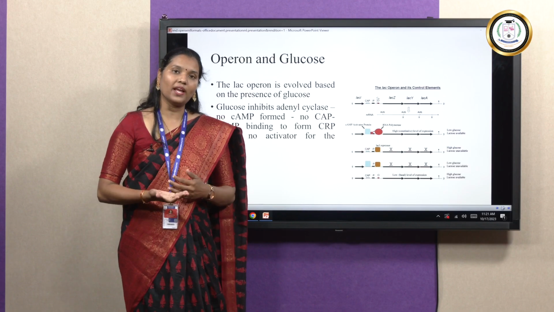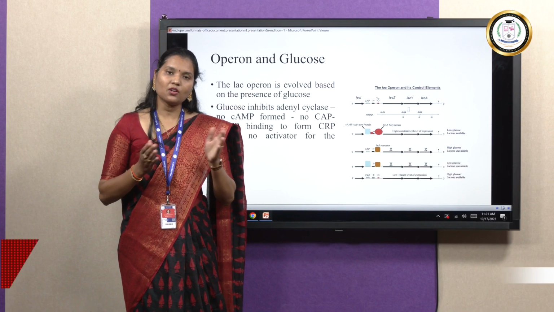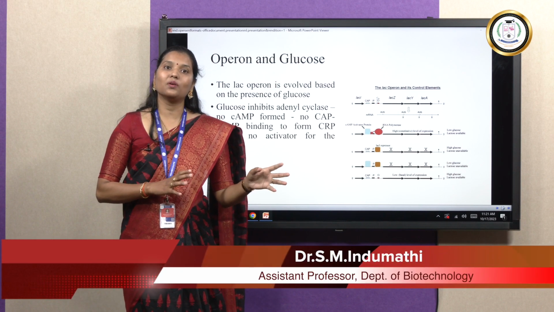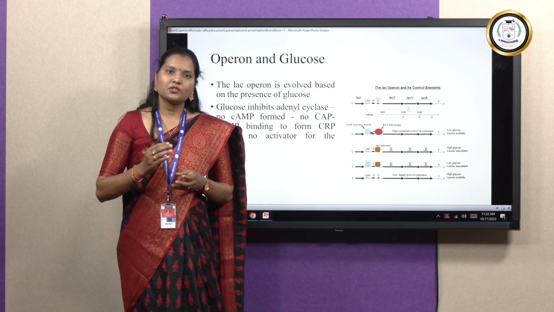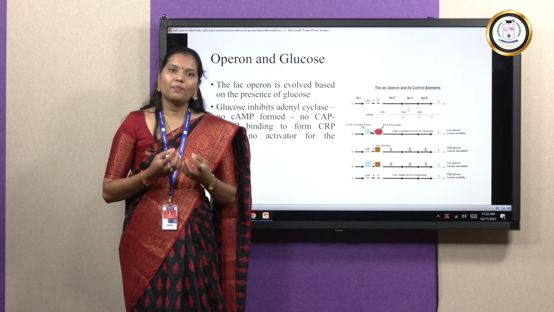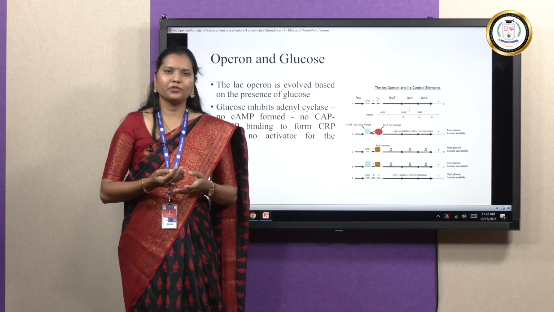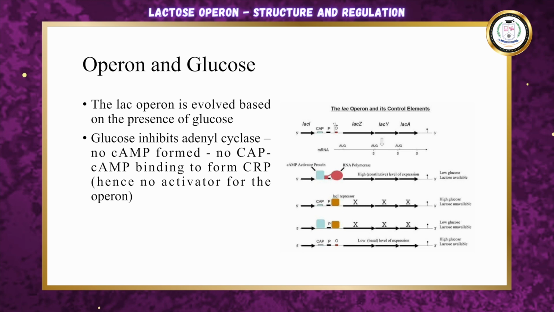Rather than being more active, the operon becomes moderately active because the organism is now completely relying on glucose. Only when it is needed, the organism takes up lactose. So to metabolize such small amounts of lactose, the operon has to be moderately active to produce a moderate amount of enzymes. So in this case, the operon remains moderately or slightly active.